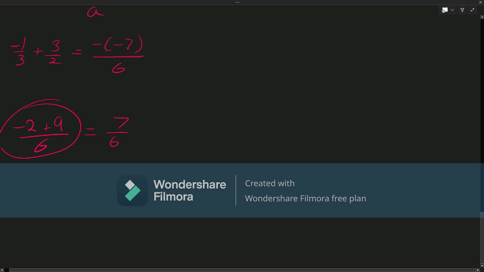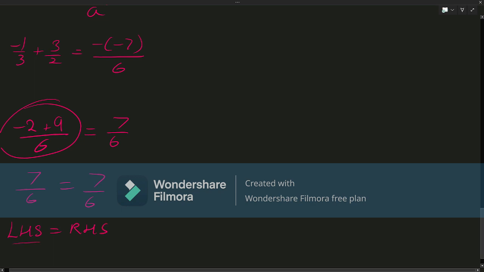Minus 2 plus 9. Will the sign change, or the number that we get from subtraction will change to minus? No, because the bigger number is 9 and it has a plus sign. So it will be plus 7 upon 6 equal to 7 upon 6. And now you can write LHS equal to RHS.